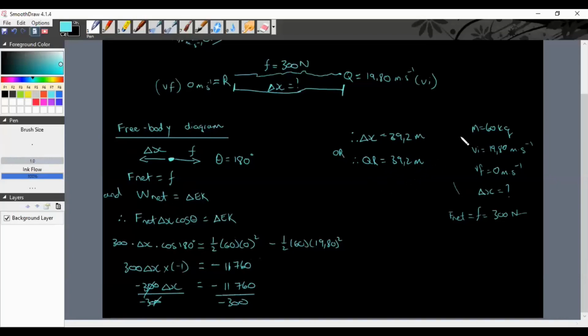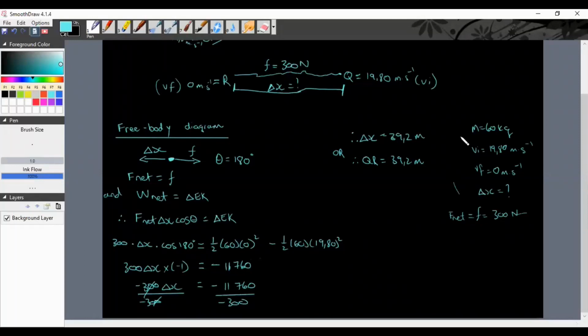Anybody unsure of anything? I got the same answer, but it's negative, and I used a different method. Okay. I used W net equal to F net delta x cos theta.